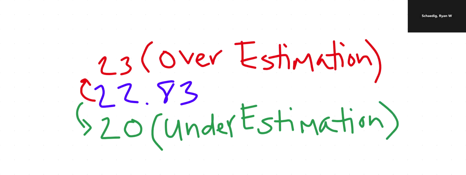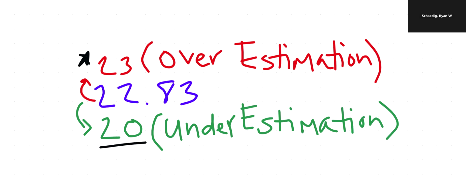If I want a more accurate estimation, this is probably the best way to go because I didn't round too far away. I only rounded up by 17 hundredths, whereas if I round down, I'm rounding down by 2 and 83 hundredths. There's a difference in that for sure, but both are acceptable work. This is what we start to learn. Are we doing an overestimation or an underestimation?